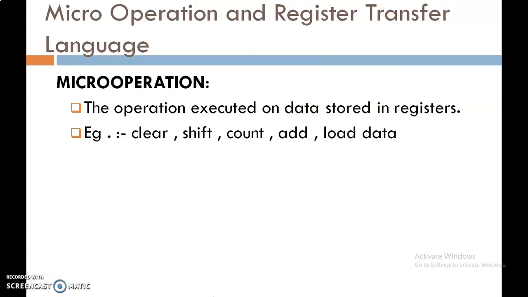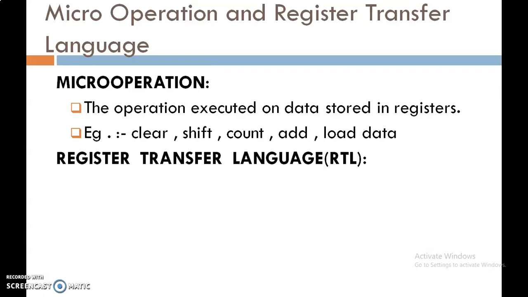For example, clear, shift, count, add, load data. Clear micro operation clears all the bits of a register. Similarly, shift shifts the bits which are in the registers. Then count counts the number of bits in the register. Then addition is performed on the bits of registers. And the last is load data, which means it loads the data into the register.